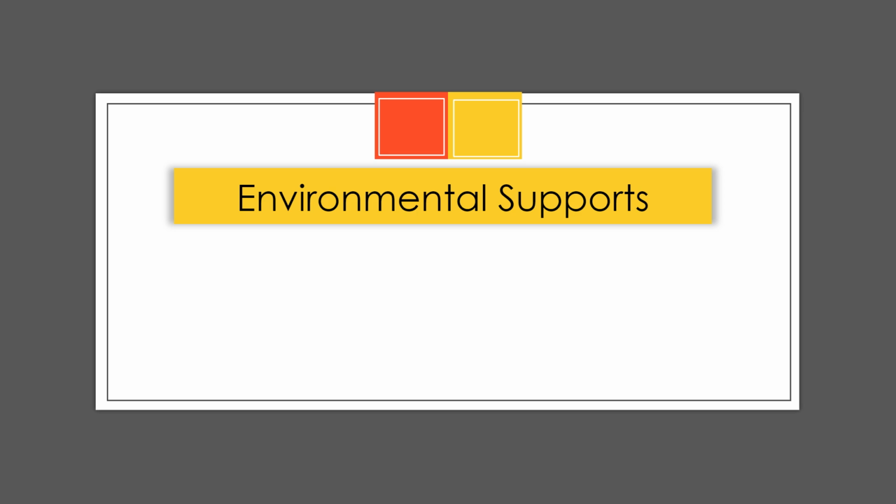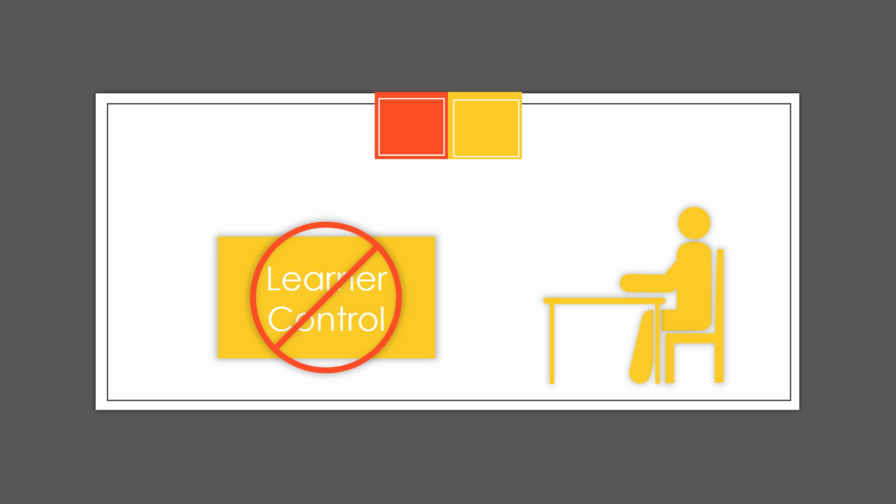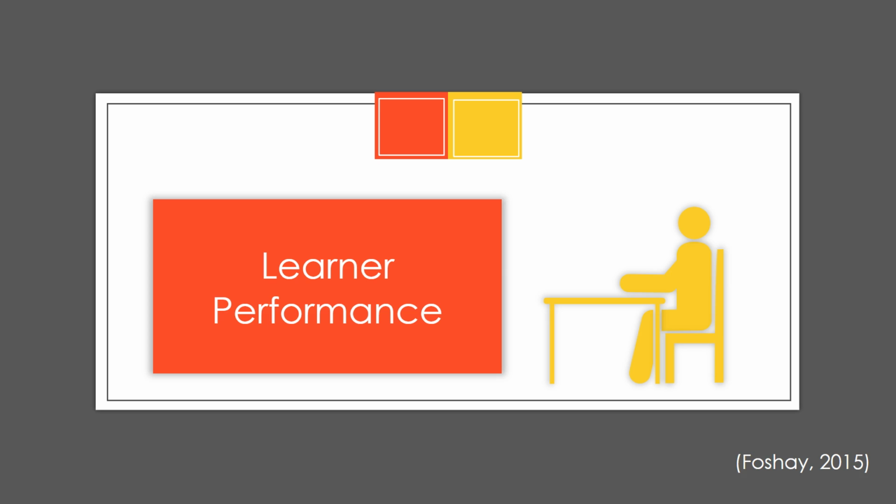The environmental supports included in Gilbert's behavior engineering model include data, instruments, and incentives. These are beyond the learner's control, but can have a tremendous impact on learner performance.